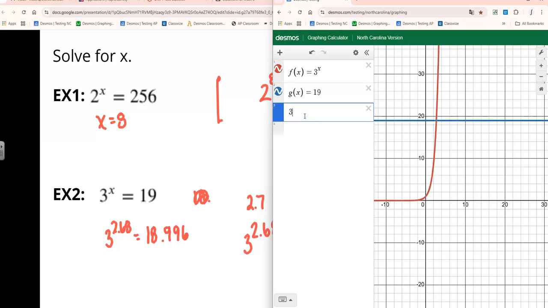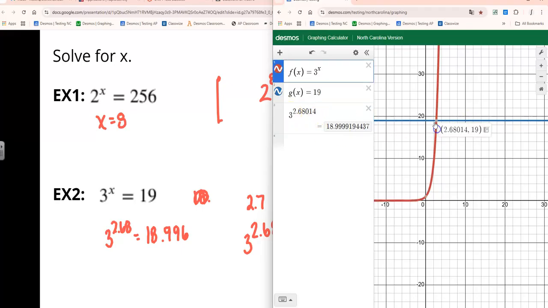It gives me 2.68014. If I do 3 to the 2.68014, it gives me 18.99991. Not really much different than what Jose had over here, right? He just had 0.15 instead. This might be a little bit closer.